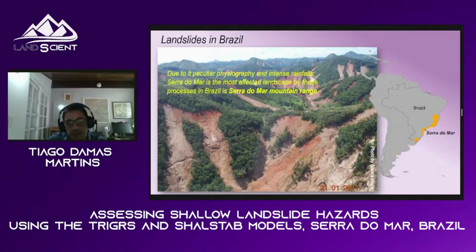And as you can see here in the picture, steep slopes covered with rainforest are the two main characteristics of this mountainous range that extends about 15,000 kilometers from the north part of Santa Catarina state until the southern part of Rio de Janeiro state.